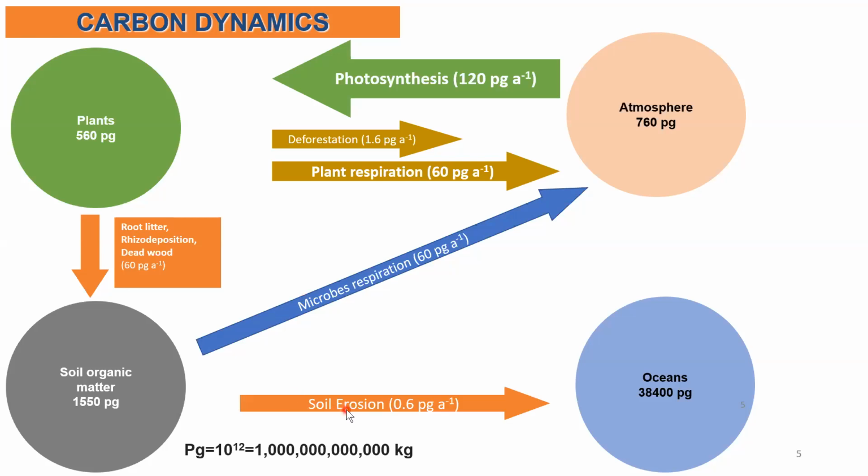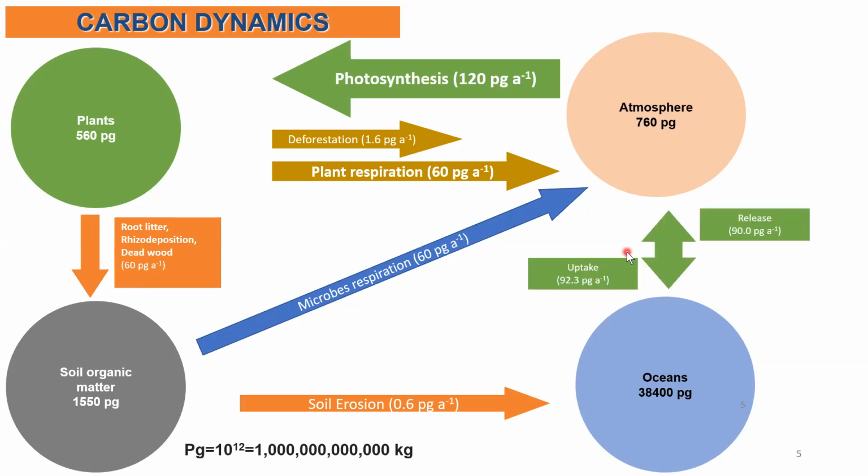And then 0.6 petagram is lost into the oceans through soil erosion. So it means the carbon present in the soil is eroded to the ocean. So from soil, we have a loss of 60 petagrams here, and then 0.6 petagram here.